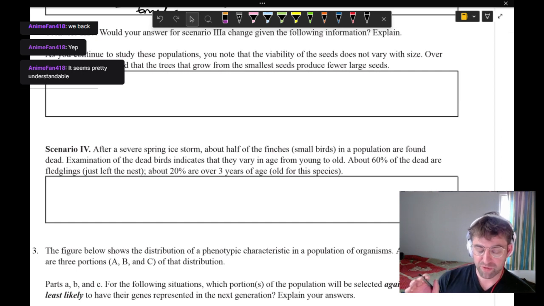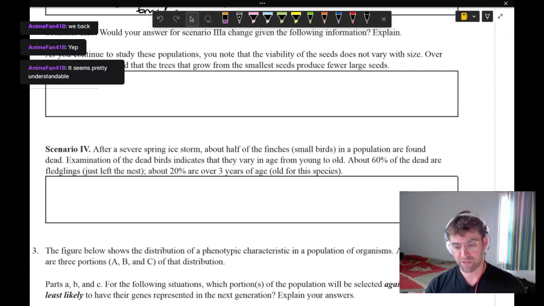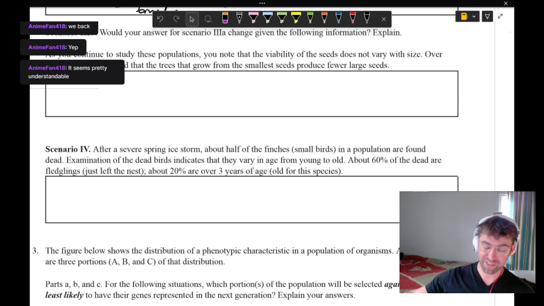All seeds still produce small, medium, and large trees. All seeds still produce trees with small, medium, and large seeds. However, the trees from small seeds produce fewer large seeds. And so we're selecting against those large seeds again because those are being preyed upon by the mice and they're getting to reproduce less often.